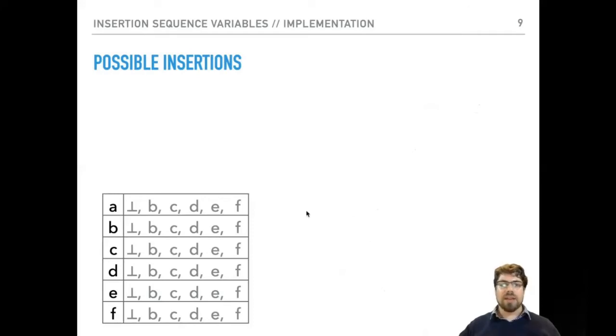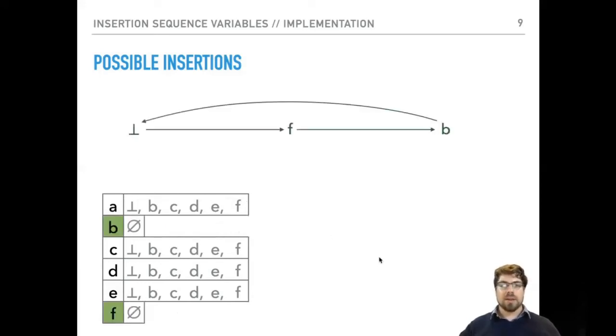Additionally, our variable maintains a set of possible insertions for each element. So each element of the sequence is associated to a reversible set that contains all the possible predecessors after which this element could be inserted in the sequence. So for example, with the state of the sequence, F and B are both already part of the sequence, so they cannot be inserted anymore.